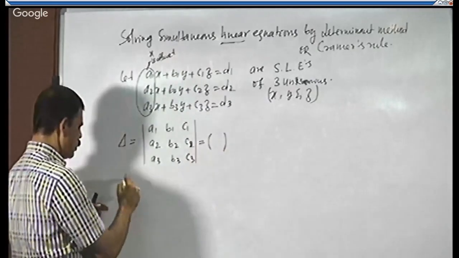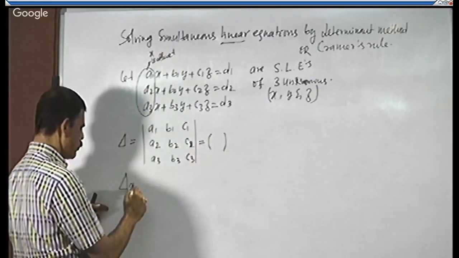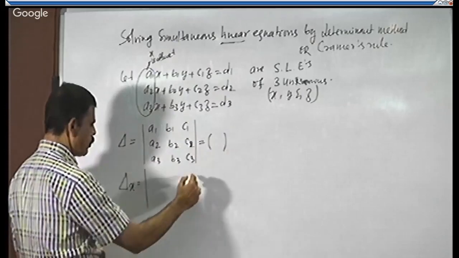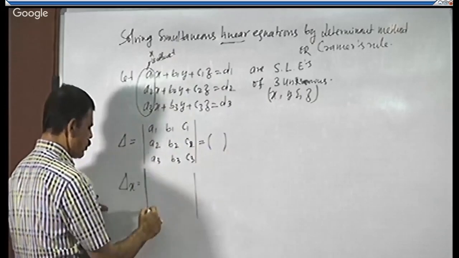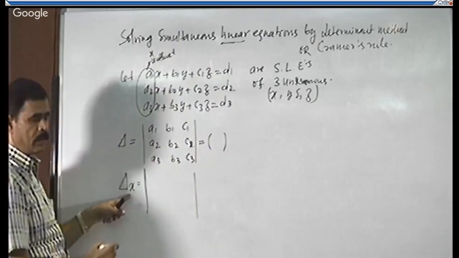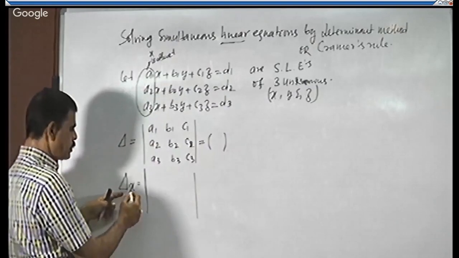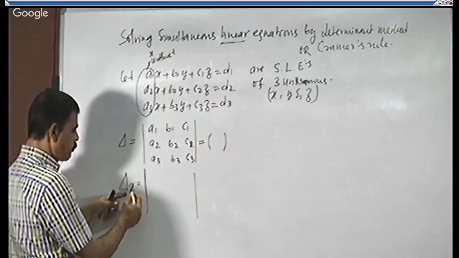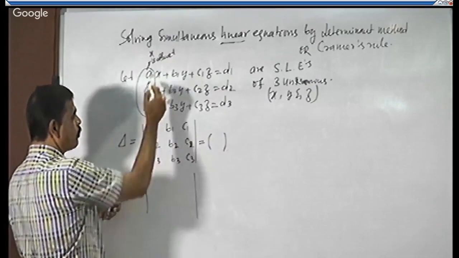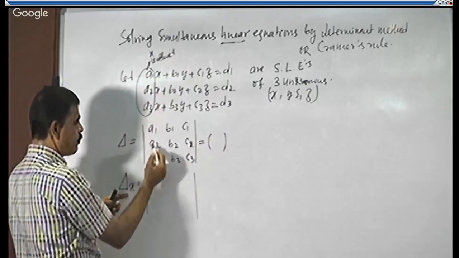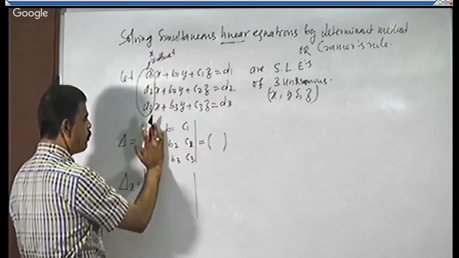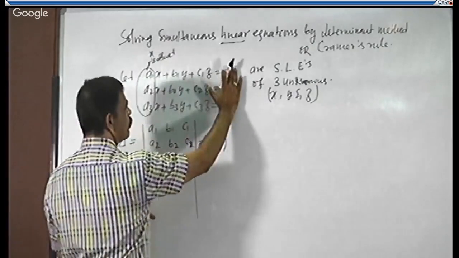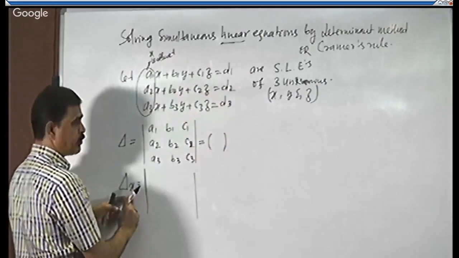Then delta, determinant of first unknown coefficients should be replaced by constant. Delta x, sometimes it is also called delta 1, which is, what is x? X is a first unknown, whose coefficients which are in the first column, they have to be replaced by constant in delta x, right?